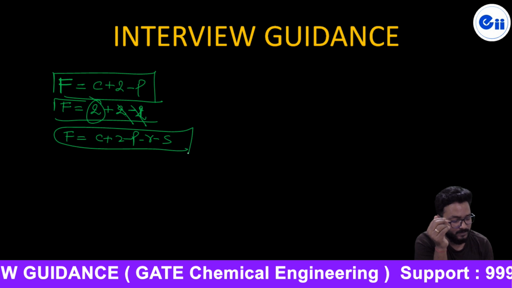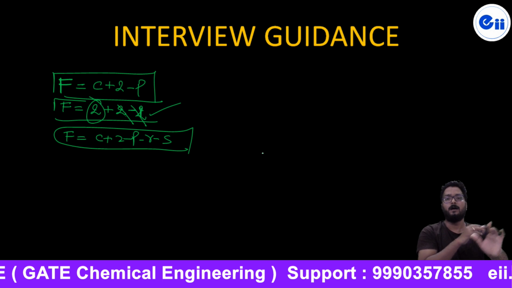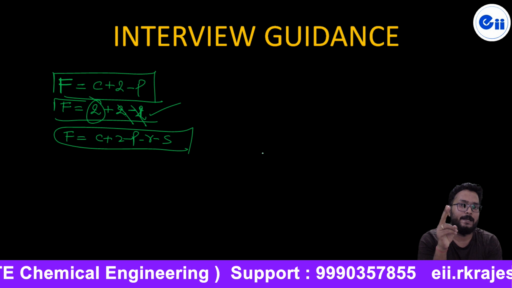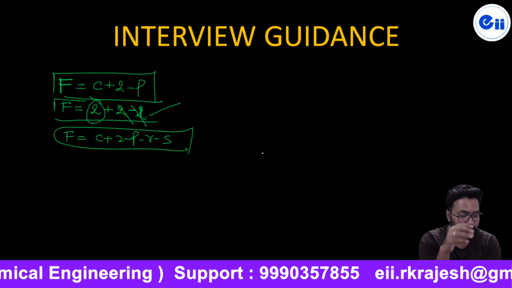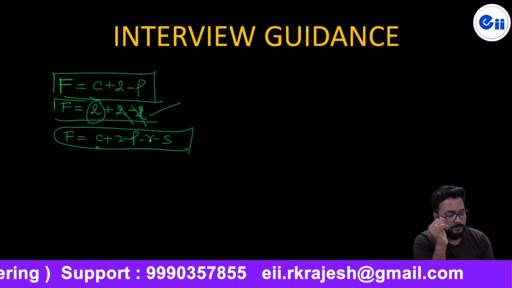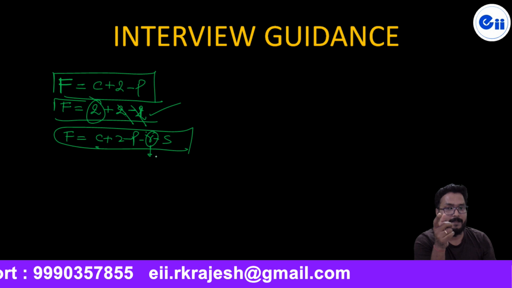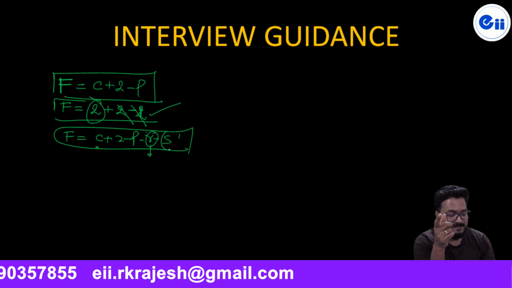Actually, it is the normal condition for normal distillation operation for a binary mixture: out of 4, 2 variables must be fixed. For example, if you fix the temperature and pressure, then x and y are fixed. But here R, in this equation, represents the number of independent reactions, and S is the constraints.